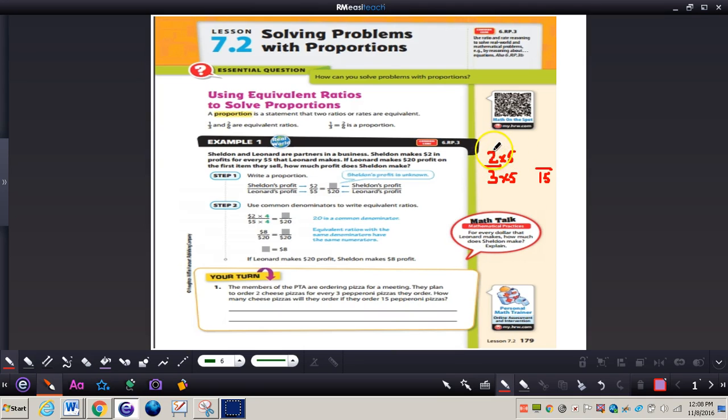And then we'll see what the ratio is. We multiply 2 times 5, giving us 10. So we can see the ratio is 10 cheese pizzas for every 15 pepperoni pizzas. And we can answer the question, how many cheese pizzas will they order if they order 15 pepperoni pizzas? We could write down here, you can do this with me, 10 cheese pizzas.